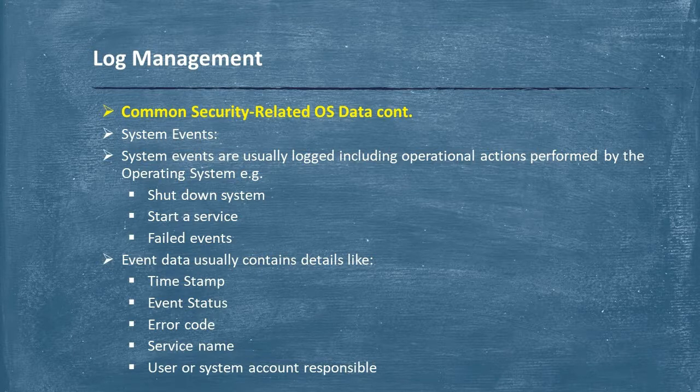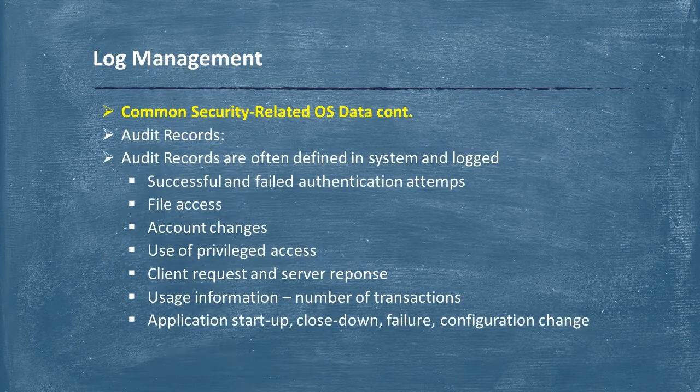If it is a failure, then the error code, what was the service, the user or the system account responsible for that particular log entry. All these things are available in the log file. And this is going to be an important audit record. All these logs and records are often defined in the system and logged.